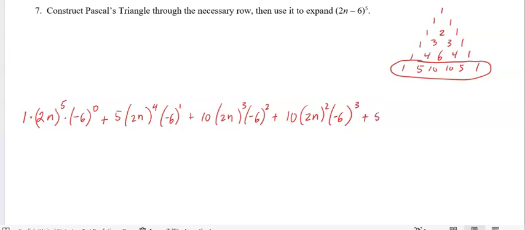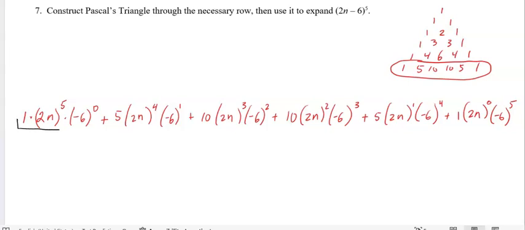Term 5, 5 times 2n raised to the 1st, negative 6 raised to the 4th. And then finally, term 6 will be 1 times 2n raised to the 0 times negative 6 raised to the 5th. And now we're going to simplify this to get to our final answer.